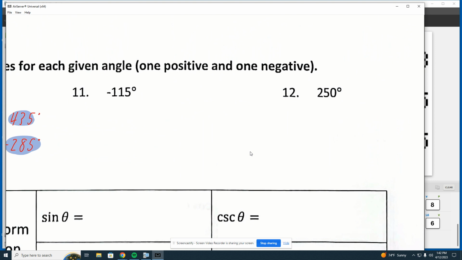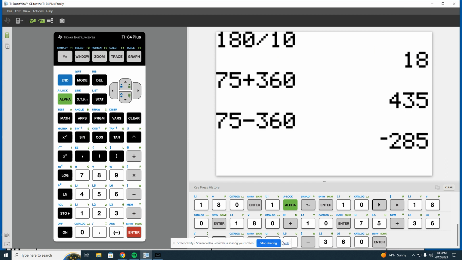All right, number 11. Since that one's negative, we need one positive one. So we're going to take negative 115 and we're going to add 360. That'll give me a positive one. But we need one more negative one. So again, I'm going to take negative 115 and I'm going to subtract 360. So I'm going to get my calculator and let it do its work.